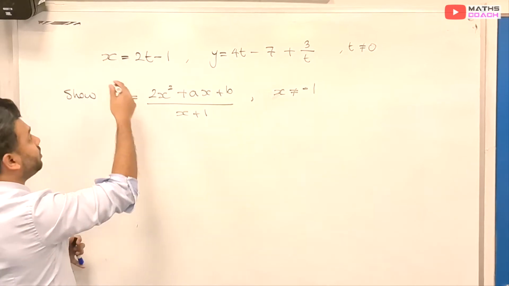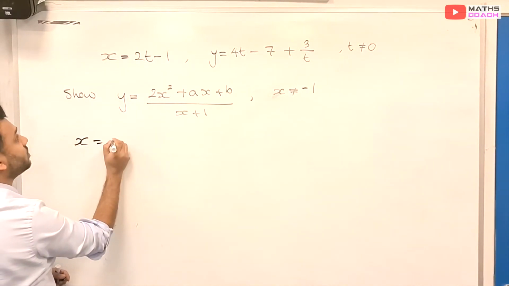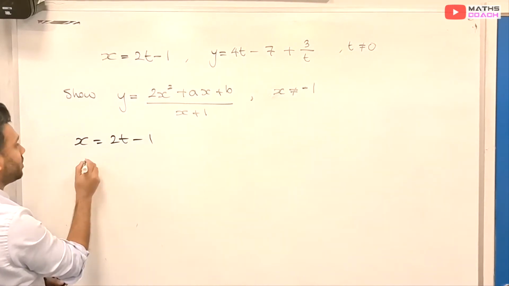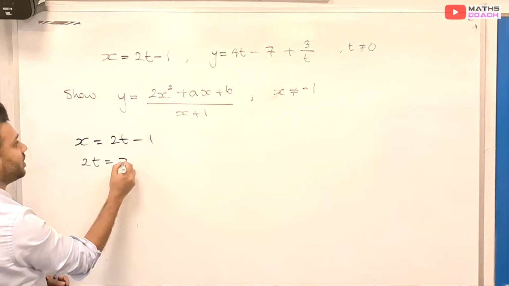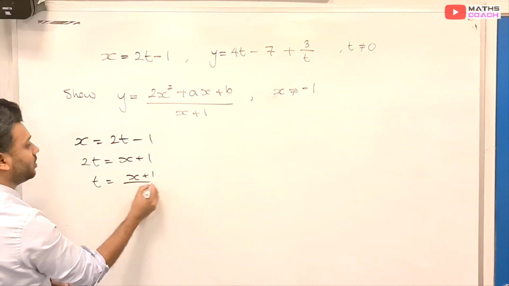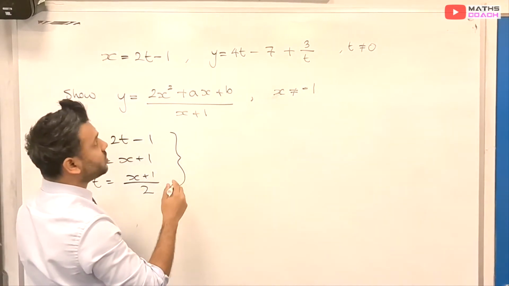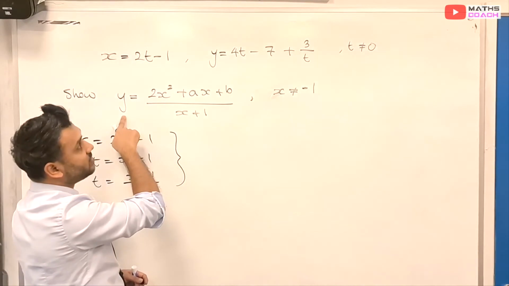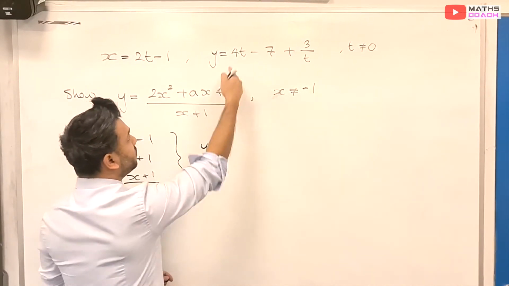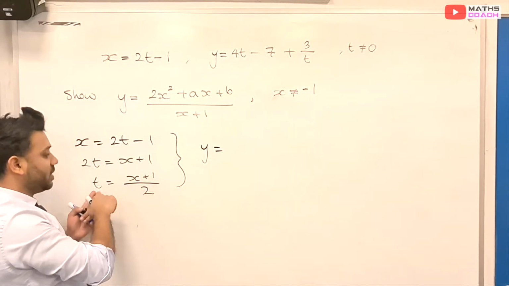We're going to start by rewriting the equation of x, which is 2t minus 1, and making t the subject. So we have 2t equals x plus 1, or t equals x plus 1 all over 2. And then if you look at the y equation, y is the subject. Let's start with y equals 4t.